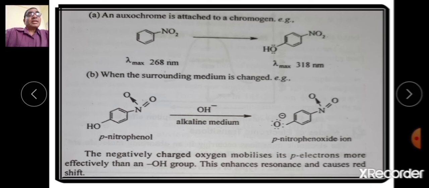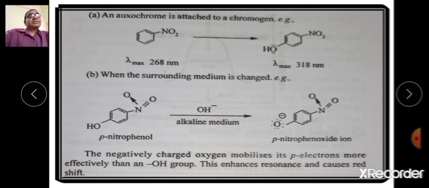The negatively charged oxygen mobilizes its p electrons more effectively than the hydroxyl group, and this enhances resonance and causes a red shift, that is a bathochromic shift. And therefore the bathochromic shift occurs when an auxochrome is attached to the chromogen, and when there is a change in the surrounding medium.